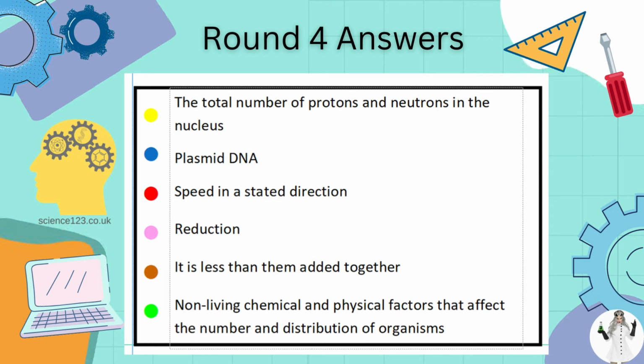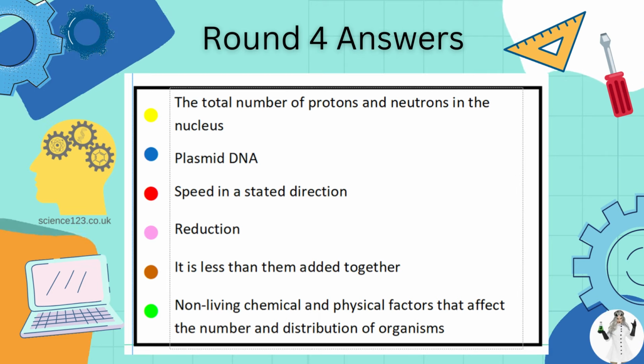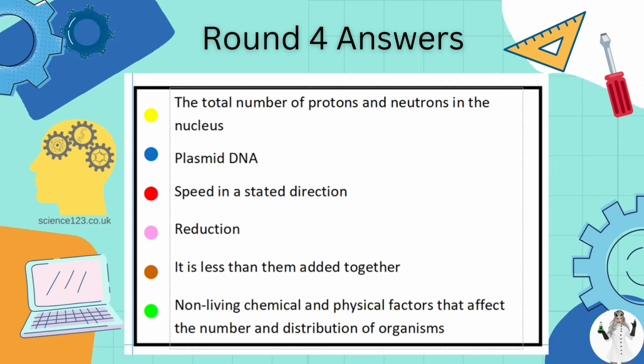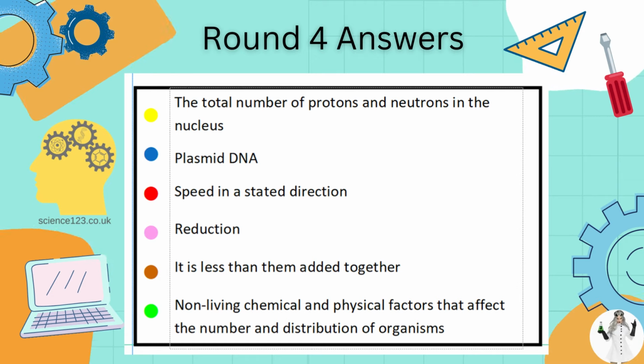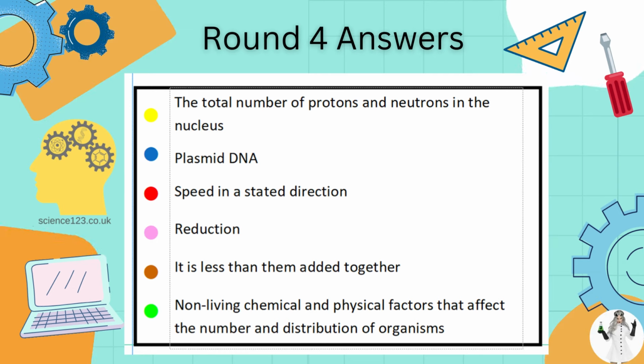The gain of electrons is called reduction. The total resistance of two resistors connected in parallel is less than the total of them added together. An abiotic factor is a non-living chemical or physical factor that affects the number and distribution of organisms.